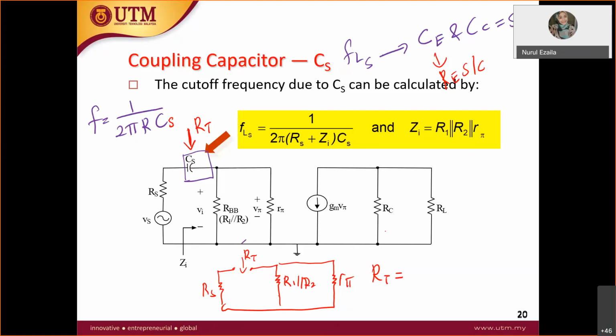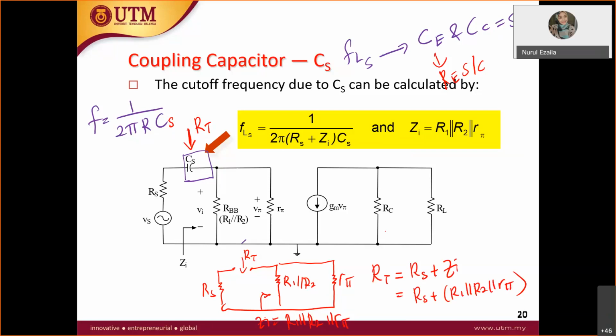R1 parallel R2 parallel R pi plus RS. Yes, correct. They put this as Z in. Z in is equal to R1 parallel with R2 parallel with R pi. Therefore, R total is RS plus Z in, which equals RS plus R1 parallel with R2 parallel with R pi.